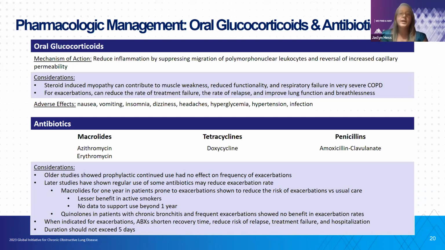They can have either all 3 or at least 2, with 1 being sputum purulence. That's when we want to consider adding these agents on, because they've been shown to shorten the recovery time for the patient, reduce the risk of relapse, treatment failure, and hospitalization. And when we are utilizing these agents for an exacerbation, they shouldn't exceed 5 days worth.